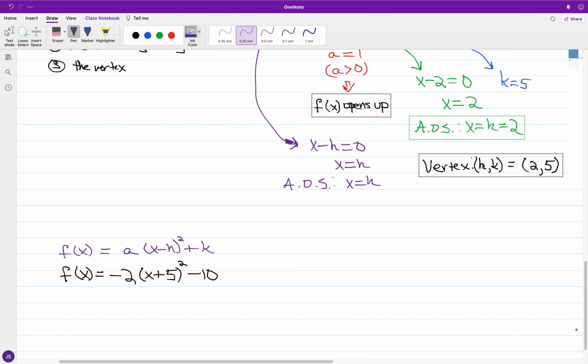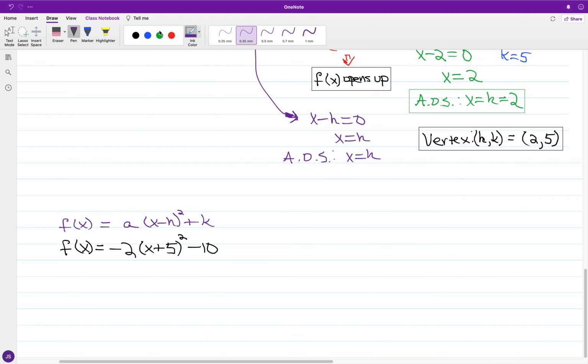And if we go ahead and identify a, h, and k, for this particular quadratic function, we have that a is equal to negative 2, so a is negative. And again, with a as a negative value, we're going to have the graph open downward.